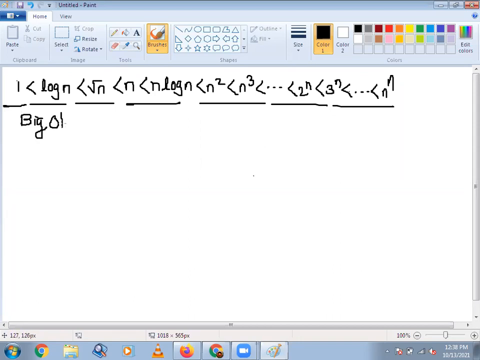Big OH notation symbol is capital O or big O, and this is an upper bound. Why is this an upper bound? We are going to study that. So first we will see the definition of this.